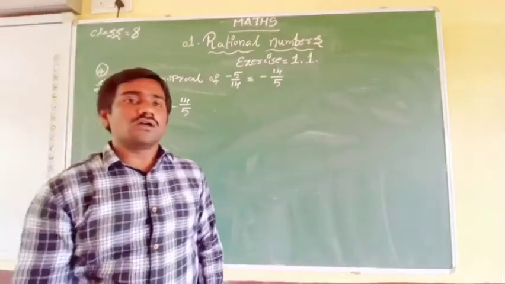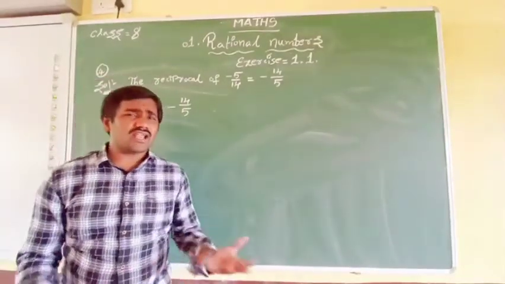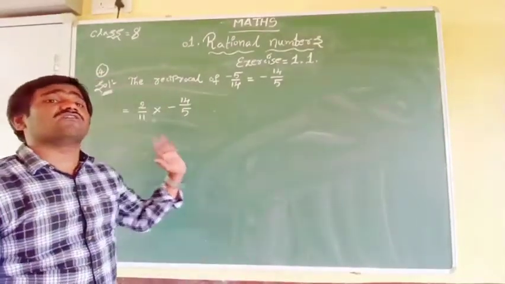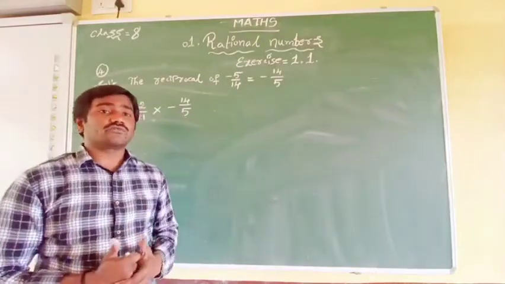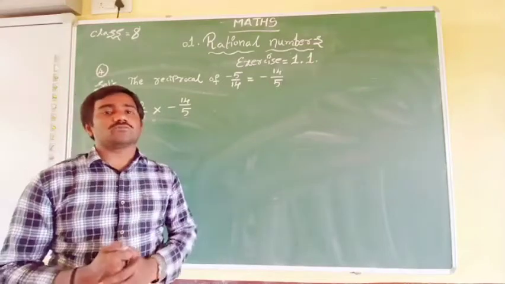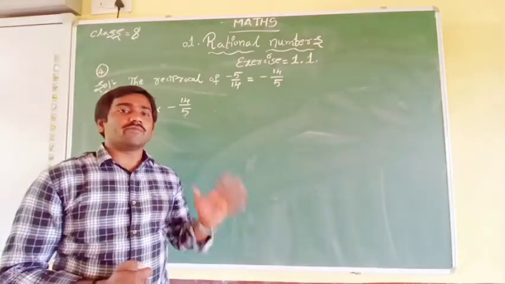Now, here we use closure property under multiplication. In general, the product of two fractions is equal to the product of numerators by the product of denominators.